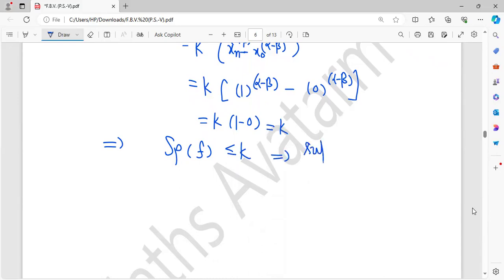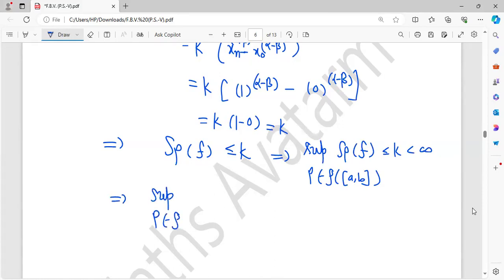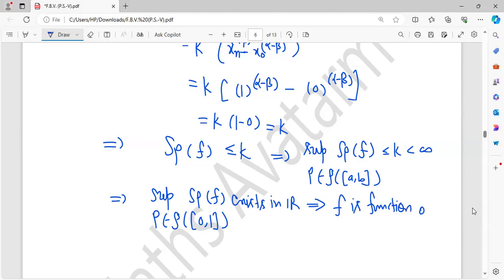It means the supremum over P belonging to the set of partitions of [0, 1] of S(P, f) exists in R. So this implies f is a function of bounded variation if alpha is greater than beta.